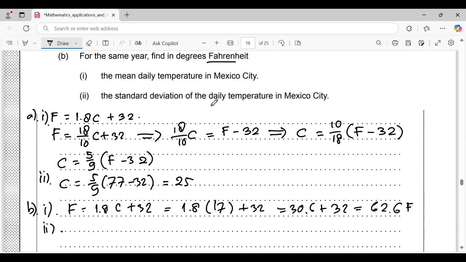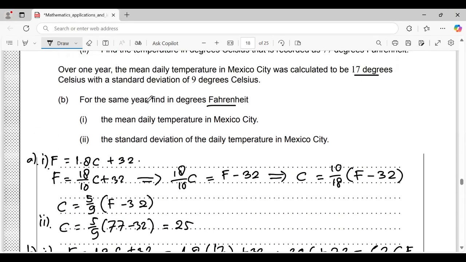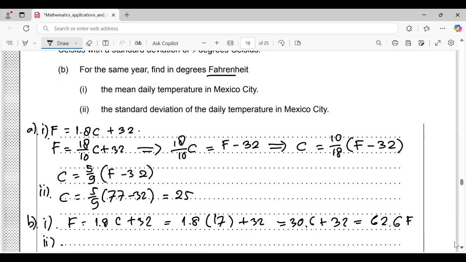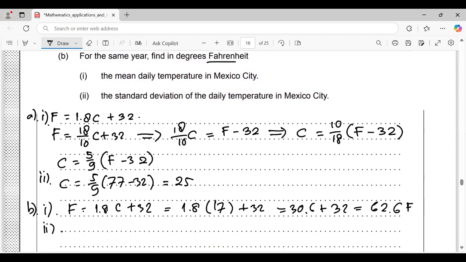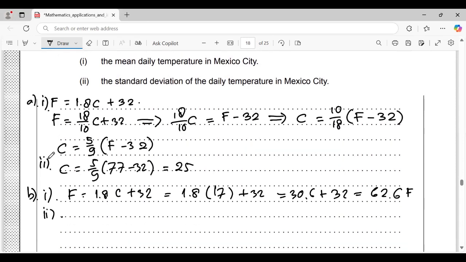Okay, part 2. The standard deviation of the daily temperature in Mexico City. If you look at this, the standard deviation is 9 degrees Celsius. So for the same year, the standard deviation is 1.8 times 9.